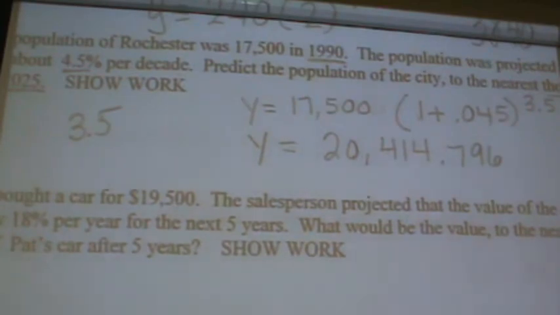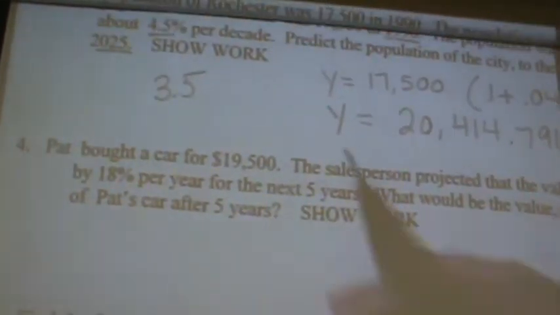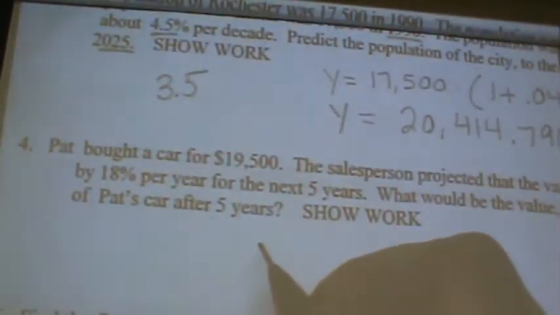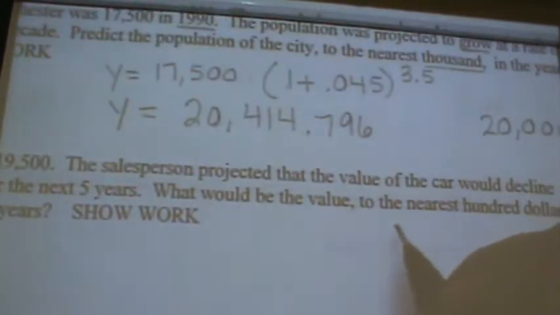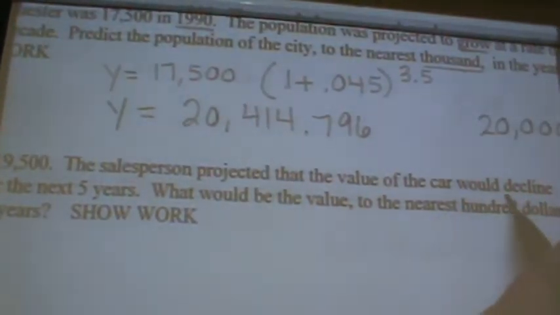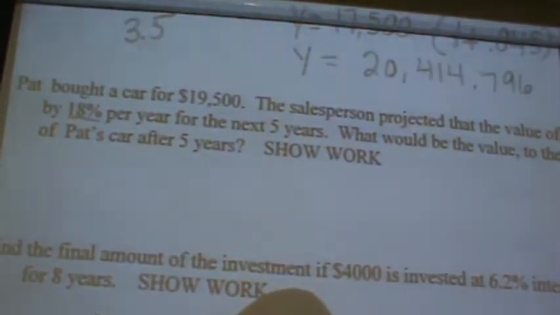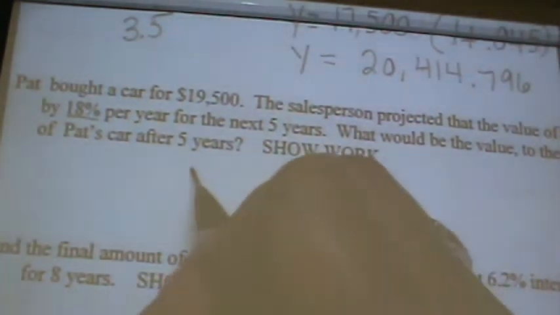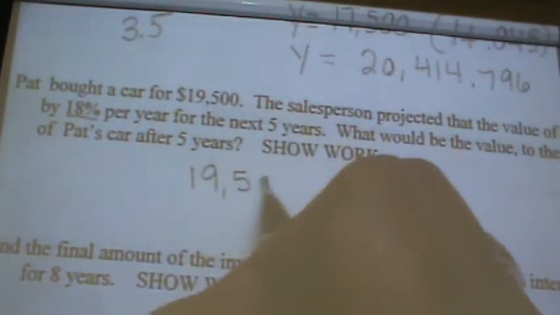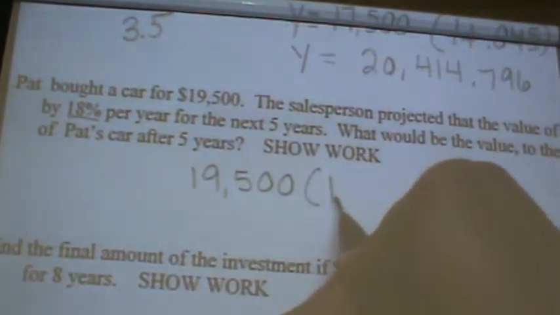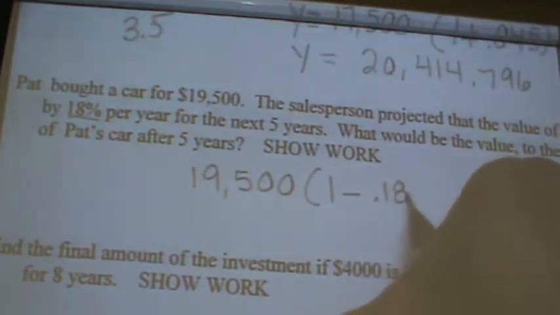Number 4, Pat bought a car. The car cost $19,500. And as with most cars, they decline in value. How much is this car going to decline? 18%. So it's 19,500 times 1 minus 0.18.